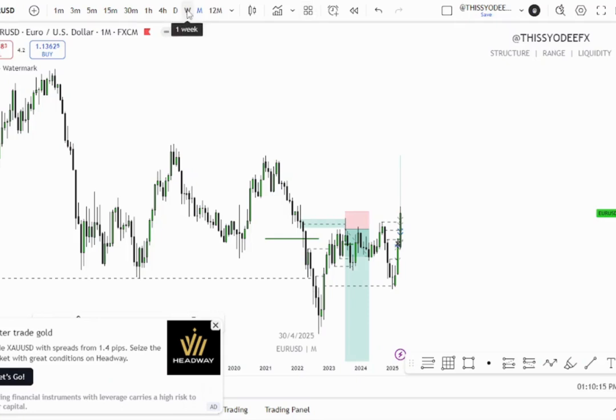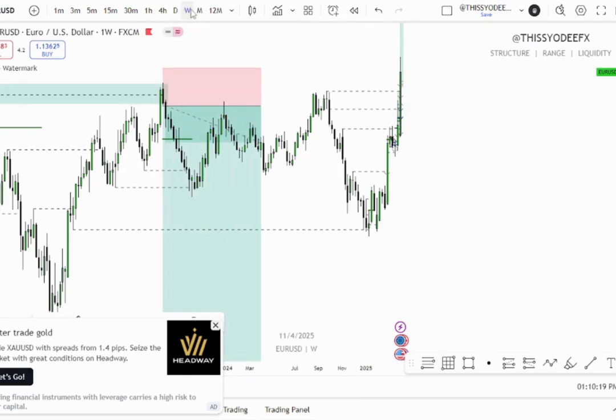I made a lot of mistakes on this, and that's why I'm coming out to say we need to start analyzing properly. Look at this break even. I was supposed to buy from here, but I was seeing this as bearish because I didn't go to the higher time frame.